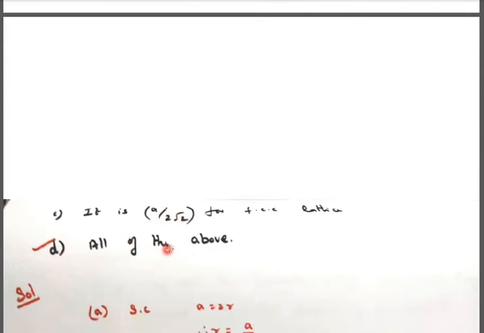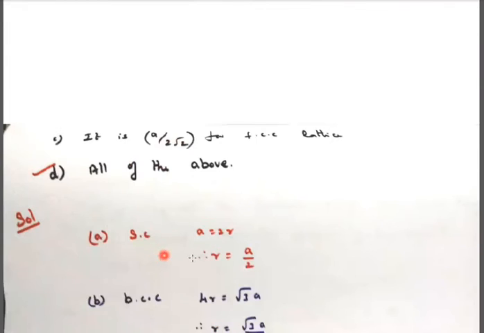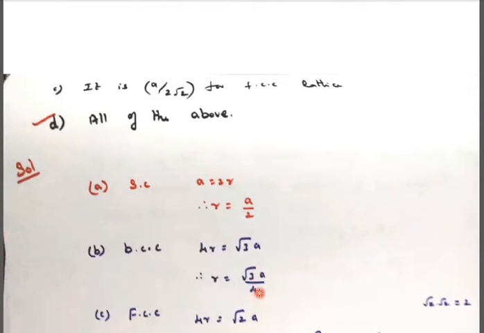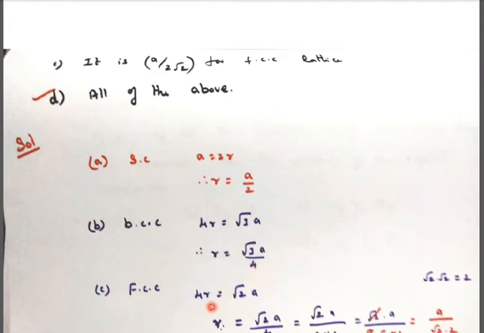Which is correct? All of them. So for SC, a is equal to 2R, or R is equal to a by 2. For BCC, 4R is equal to root 3 a, so R is equal to root 3 a by 4. For FCC, 4R is equal to root 2 a.